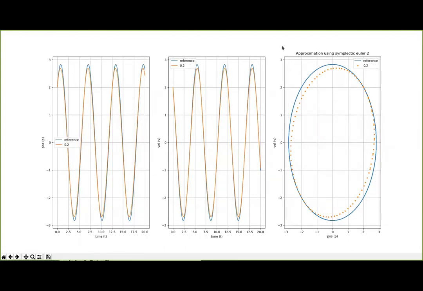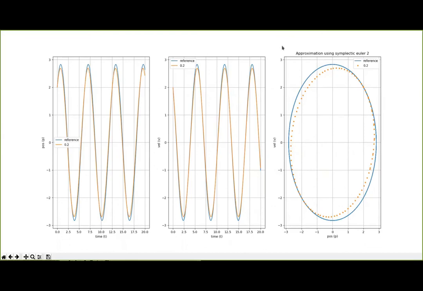And here we see what happens if we use the second variant of the symplectic Euler method. In this case, the amplitude of both the position variable and the velocity variable are slightly smaller than for the reference solution, but they remain constant. And as we depict the trajectory of our approximations in the position-velocity plane, we see that they form again an ellipsoidal shape.